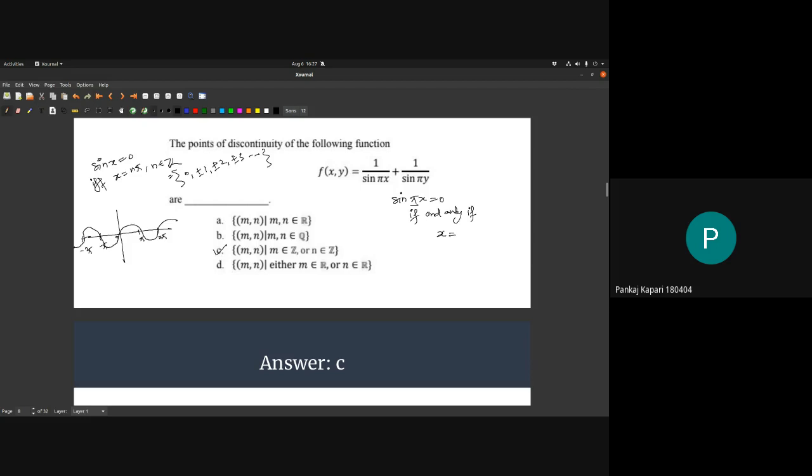Now let's see here. Sine of pi x is 0 if and only if, as we have seen, pi x is the same as n pi, for n belonging to the set of integers. That is equivalent to x equal to n.